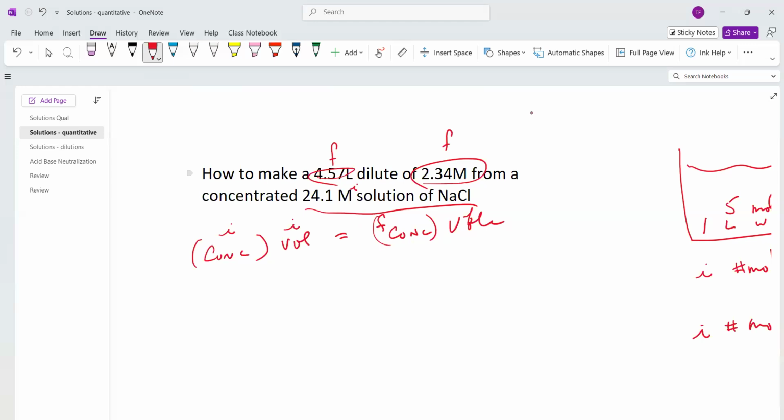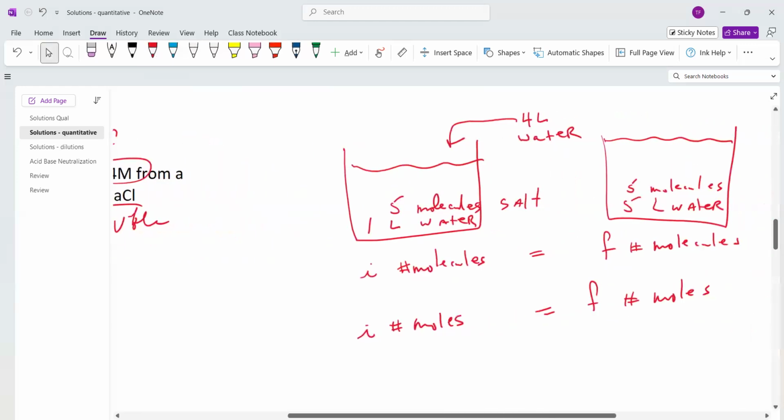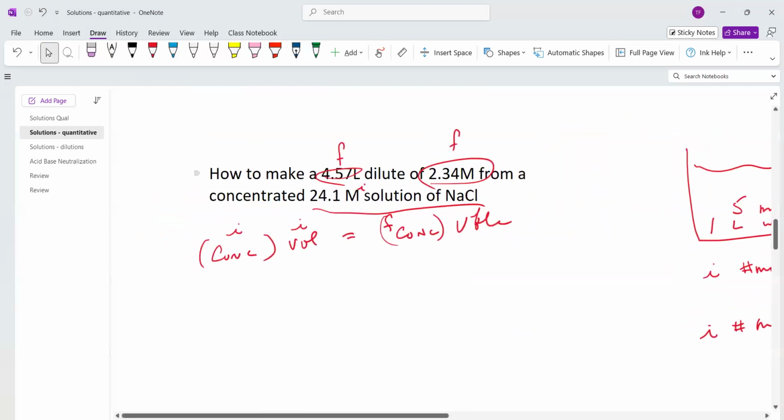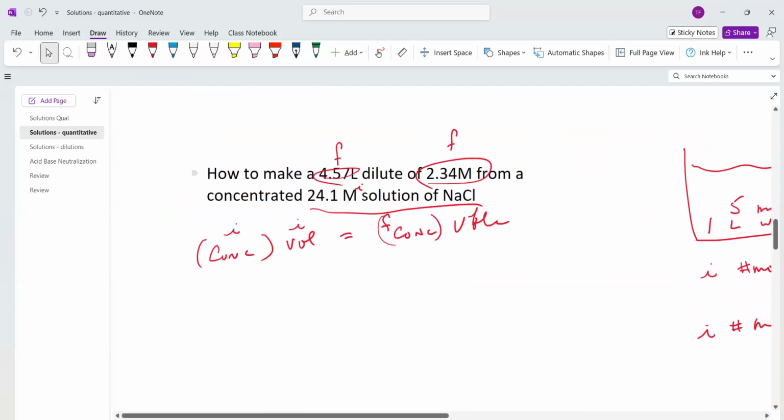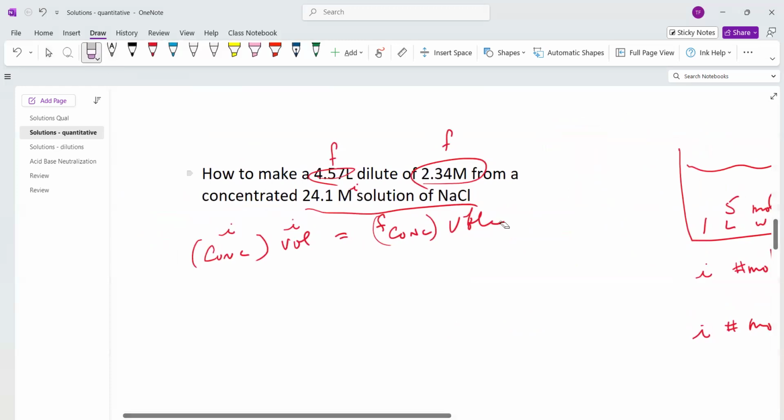That's important to identify, final and initial. Oh, it's volume. So it's important to be able to pinpoint final versus initial. If you can't identify those, this equation doesn't follow.